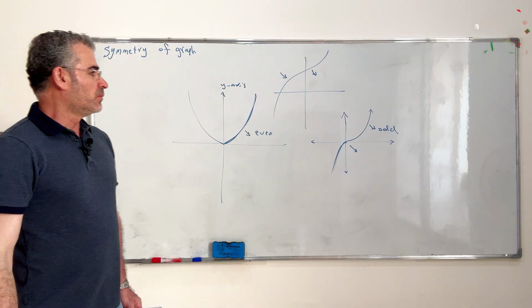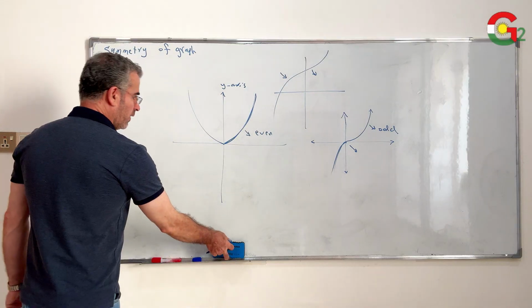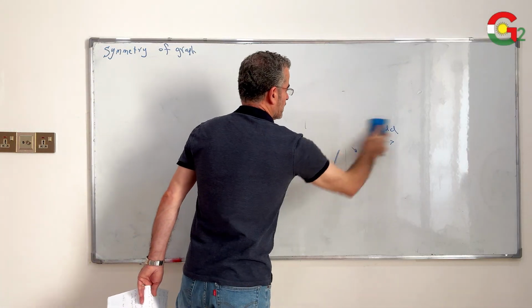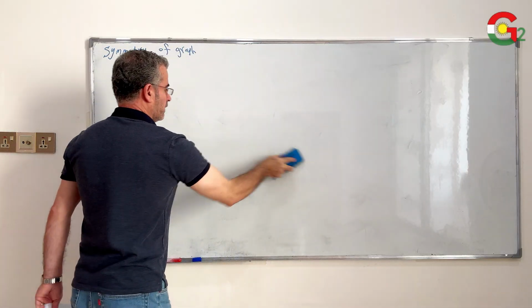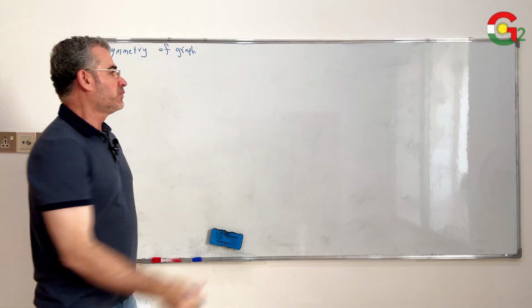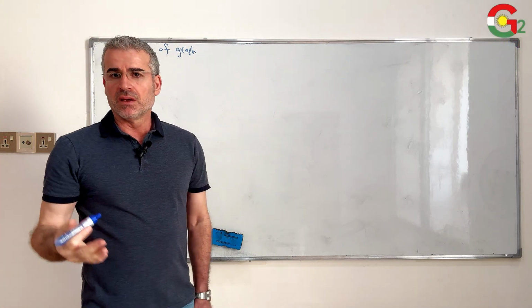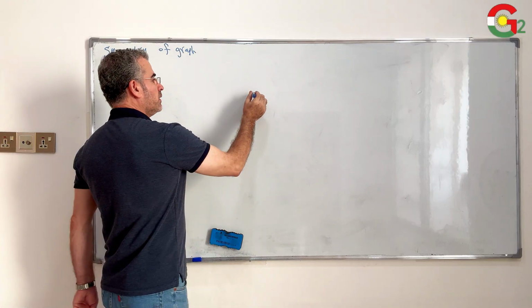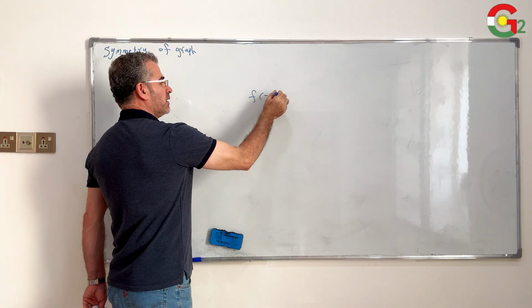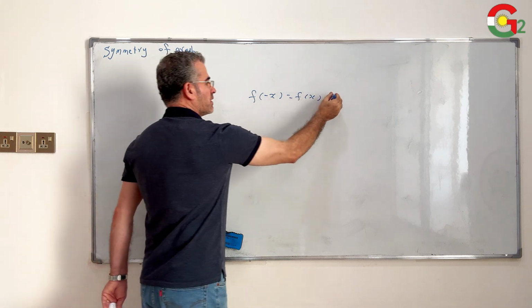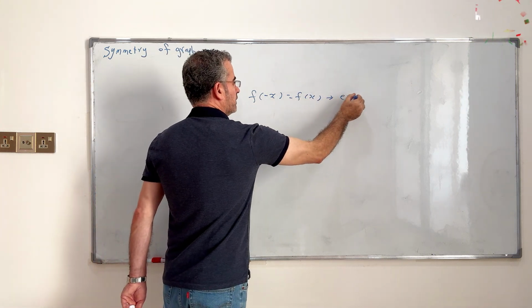I'll give you some fast rules to find if a function is odd or even. Mathematically, if the function satisfies f of minus x equals f of x, then this function is even.